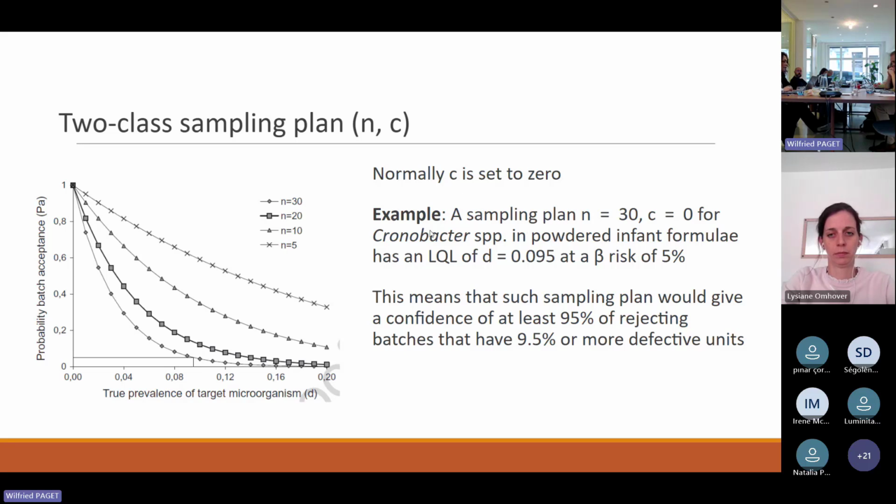Now let us think of this sampling plan: N equals 30 samples, C acceptance number 0, for Cronobacter in powder infant formula. If you look at the regulation, you will see that N is 30 and C is 0.